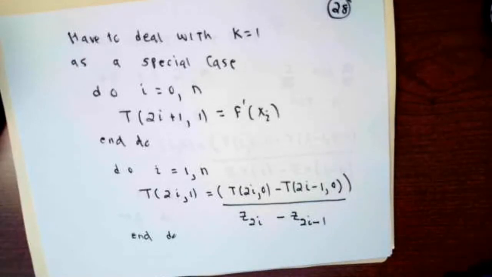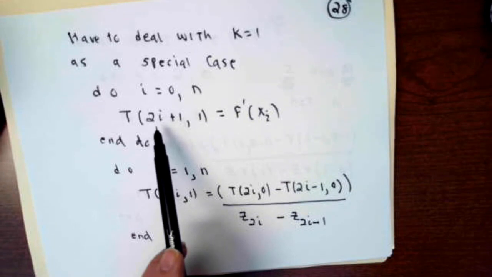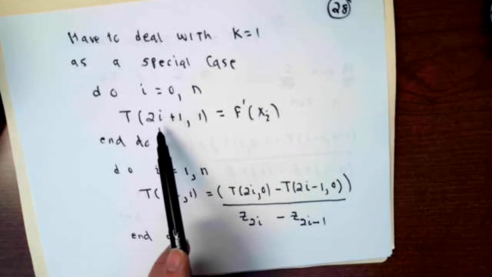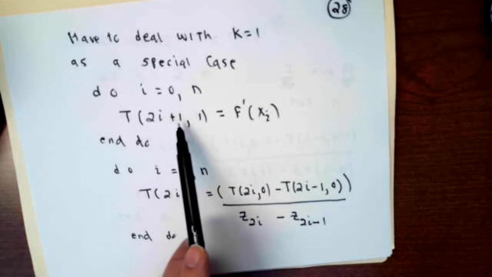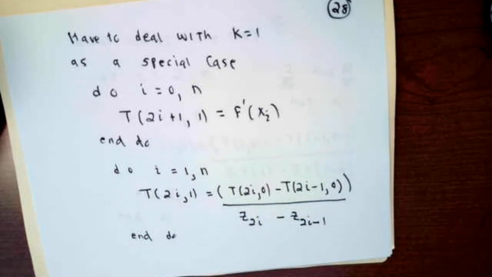How do we deal with the k equals 1 case? We figured out which row in my table f prime at xi is going to go into. When i is 0, 2 times i plus 1 is 1. So f prime at x0 is going to get stored into t1,1. When i is 1, f prime at xi is going to get stored into 2 times 1 plus 1 is 3, comma 1, which is the correct row.